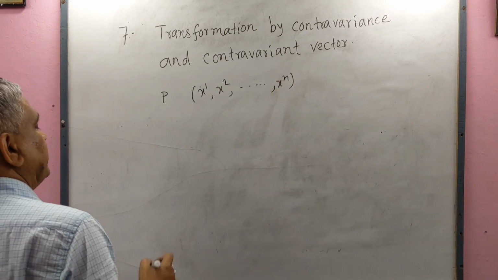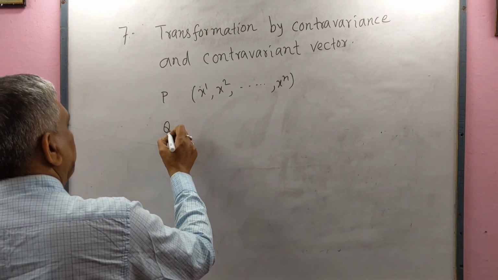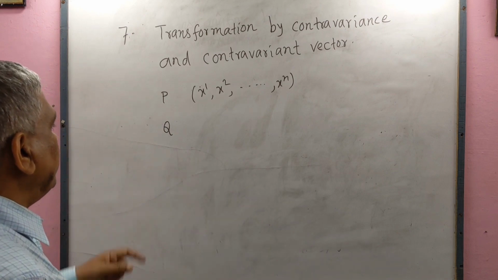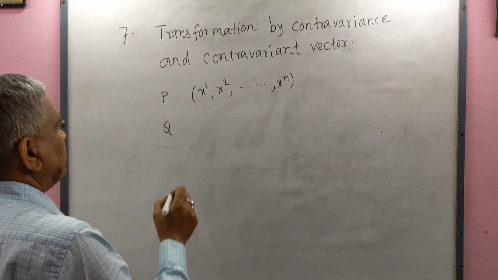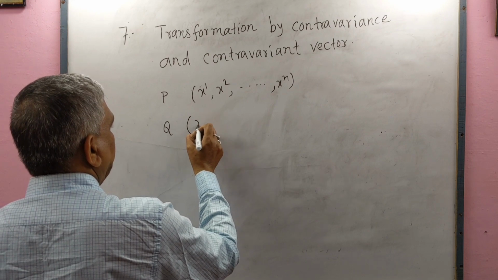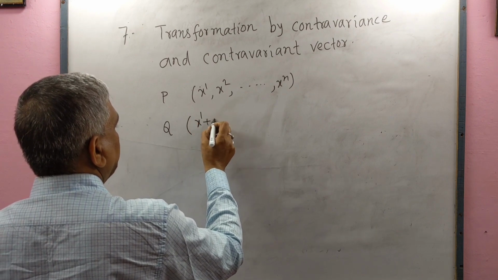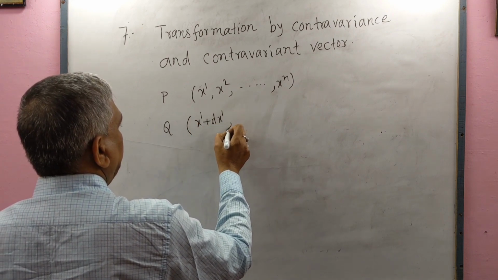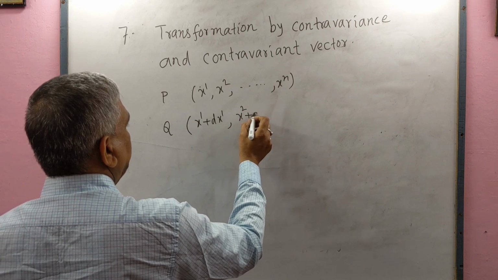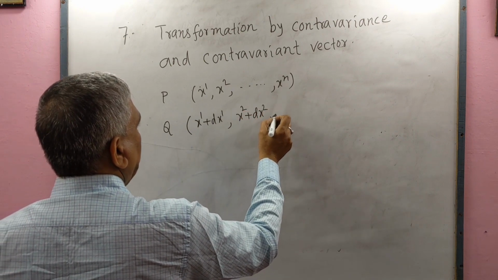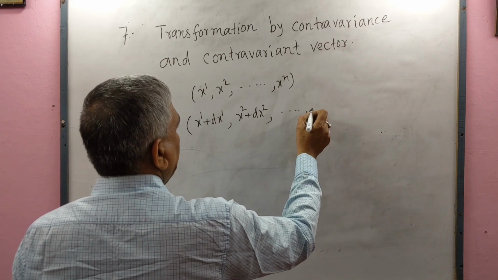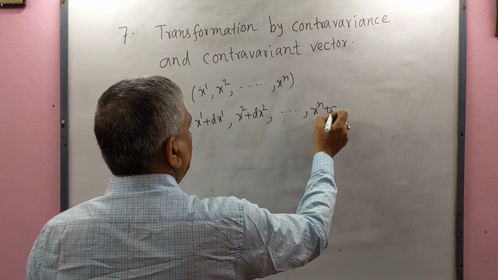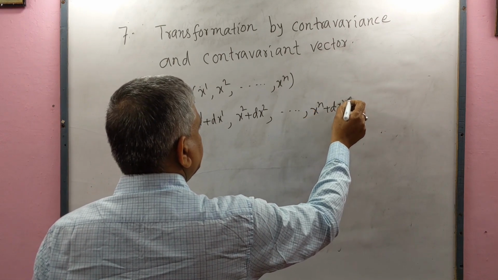Another point Q, which is very near to point P, has coordinates denoted by x1 plus dx1, x2 plus dx2, ..., xn plus dxn.